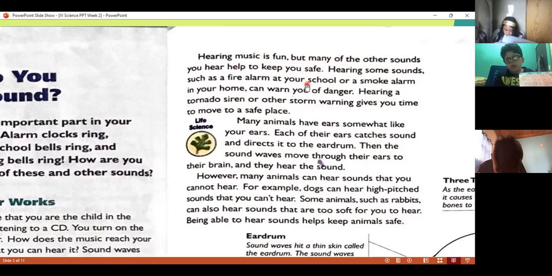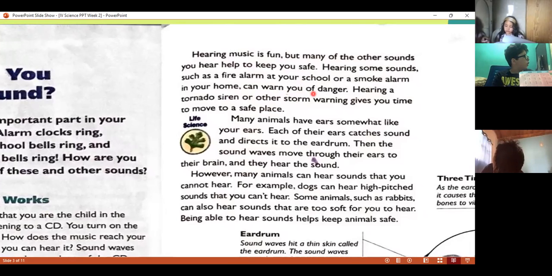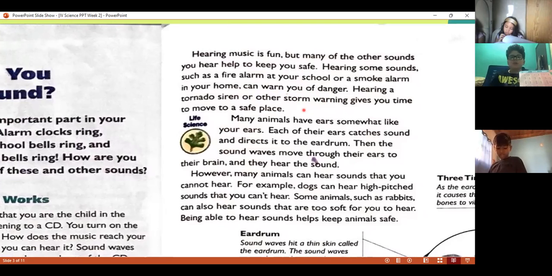Hearing some sounds, such as a fire alarm, a door spook, or a smoke alarm in your home, can warn you of danger. Hearing a tornado siren, or other storm warning, gives you time to move to a safe place.